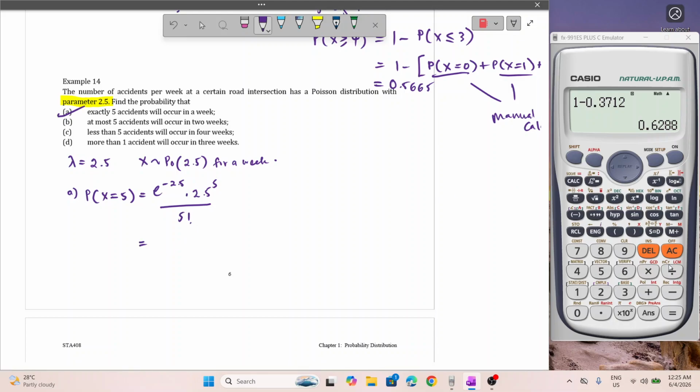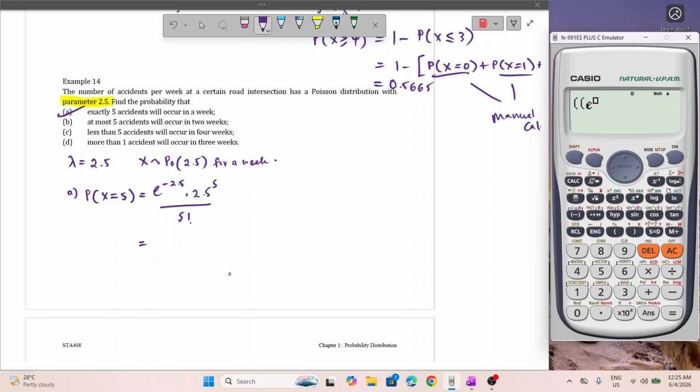Now put it into the calculator. Open two brackets first, and go to shift. Make sure when you click shift, the S indication appears here, and go to learn.